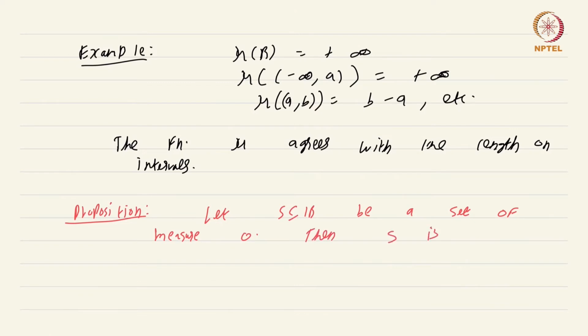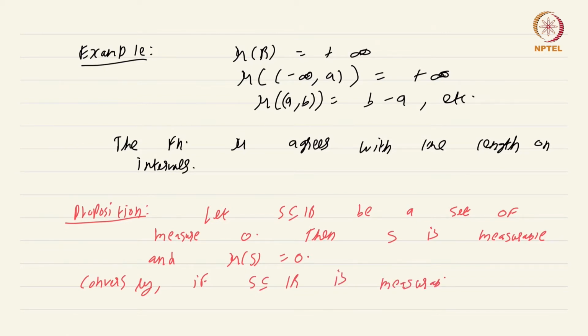Then S is measurable and mu of S is 0. Conversely, if S subset of R is measurable and the integral of chi S is 0, then S is a set of measure 0.